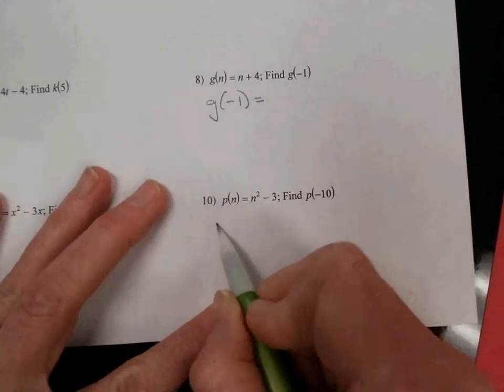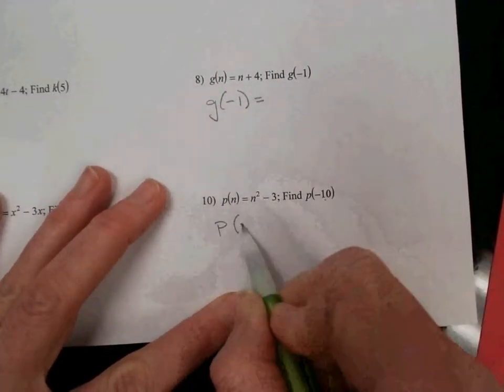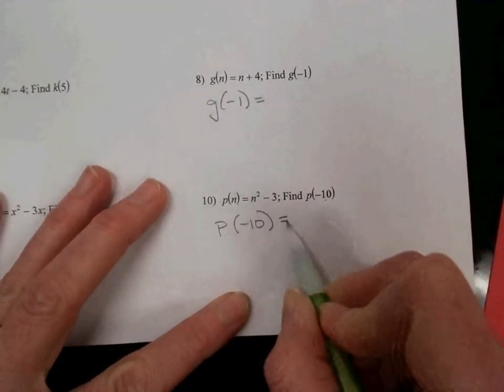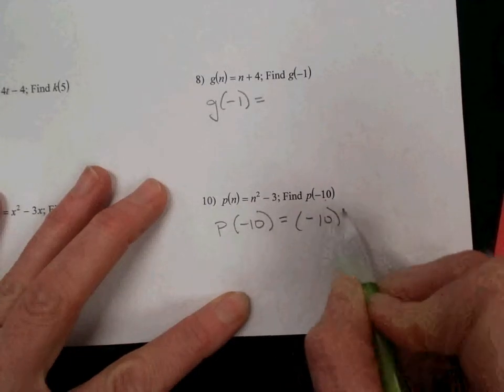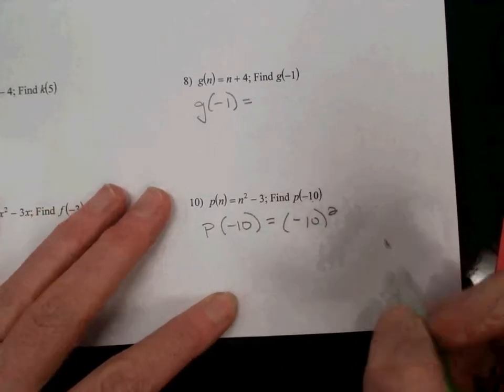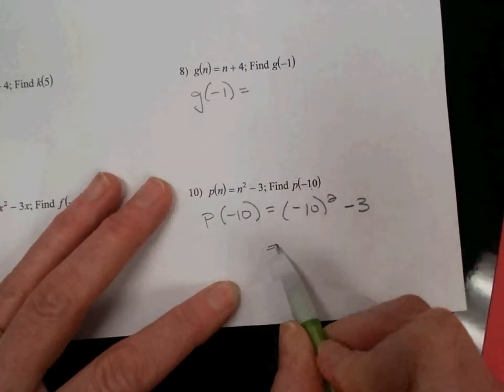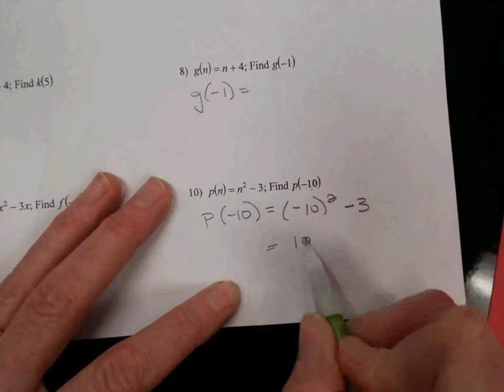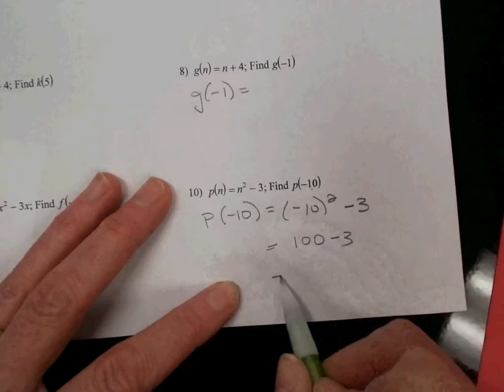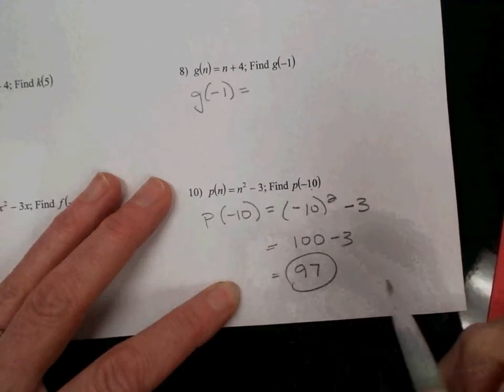On questions like number 10, when I have p of negative 10, if I do negative 10 squared, I better put that negative 10 in parentheses, otherwise I would get a different answer. So negative 10 squared is 100, minus 3 is 97.